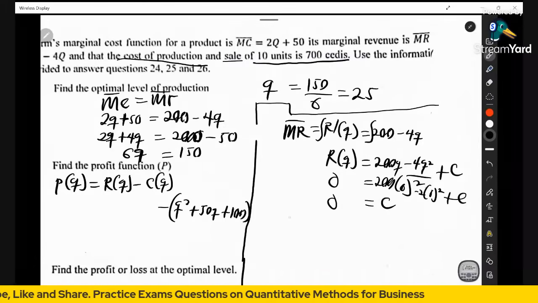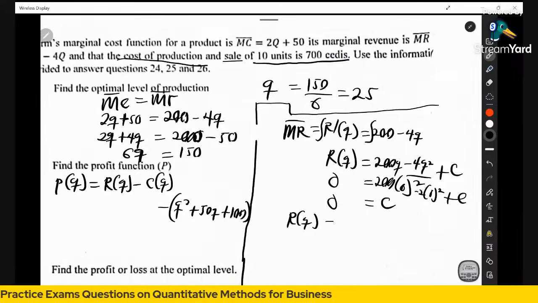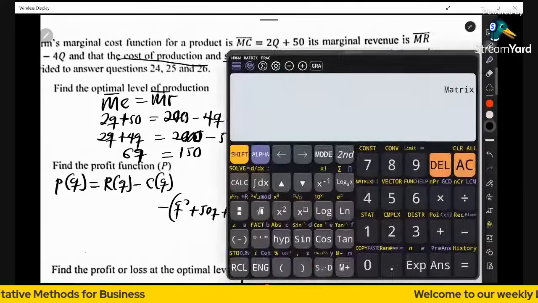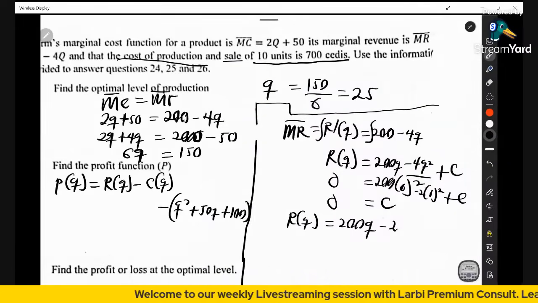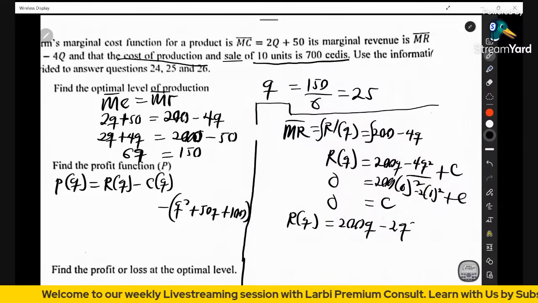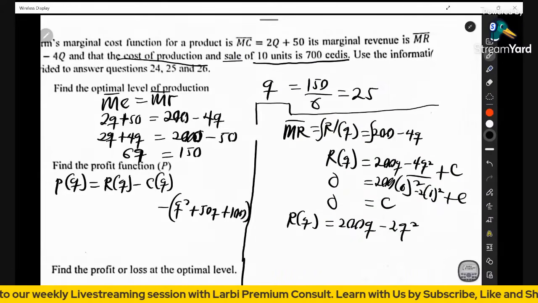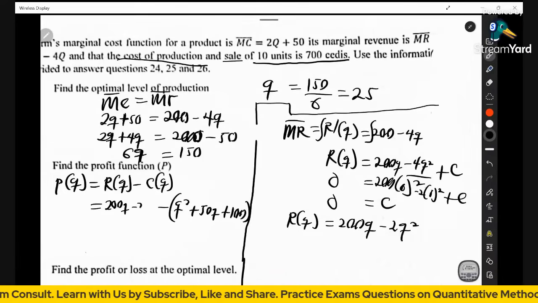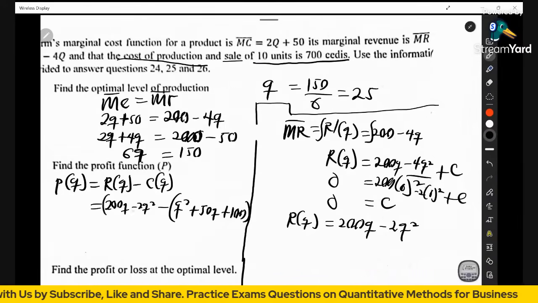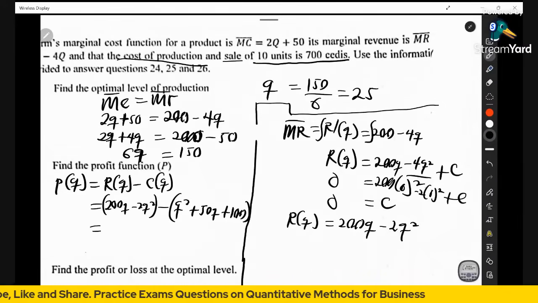Therefore, our revenue function of Q is 200Q minus 2Q square. So that becomes our revenue function: 200Q minus 2Q square.